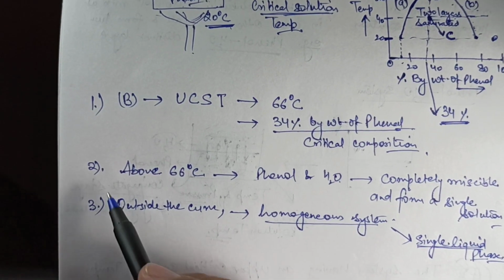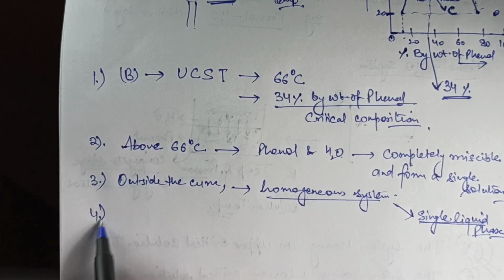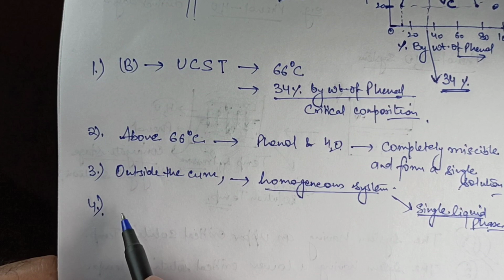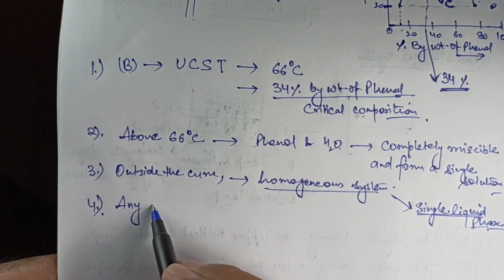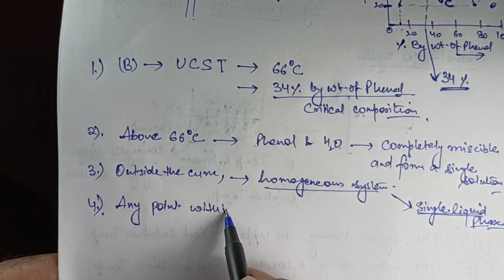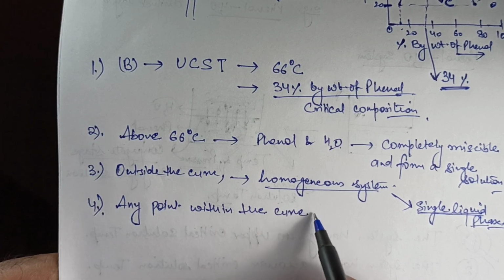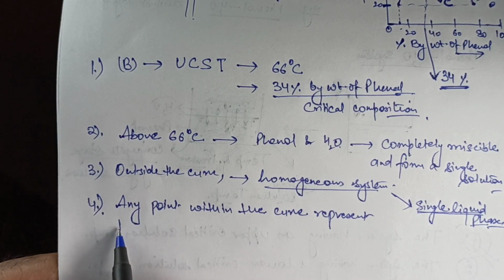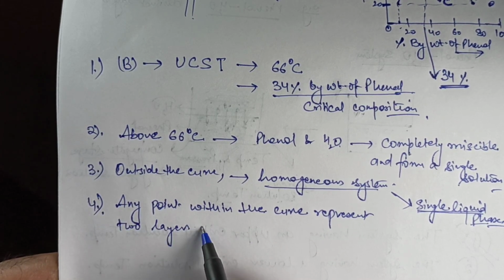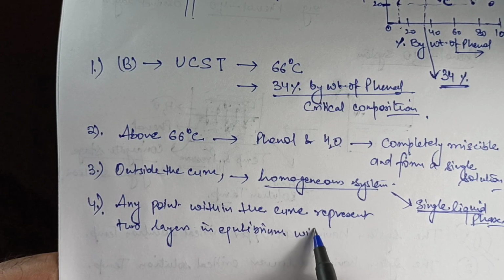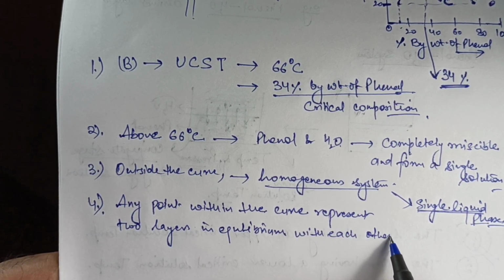Number 4. Any point within the curve represents two layers in equilibrium with each other, that is, inside the parabola.